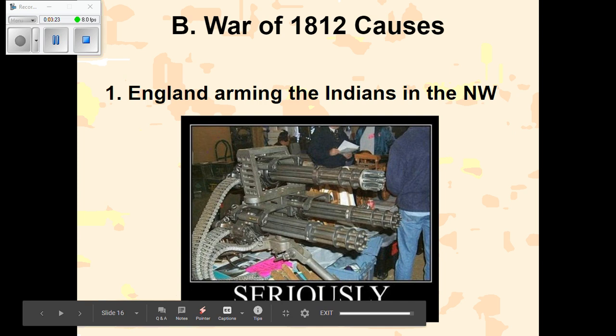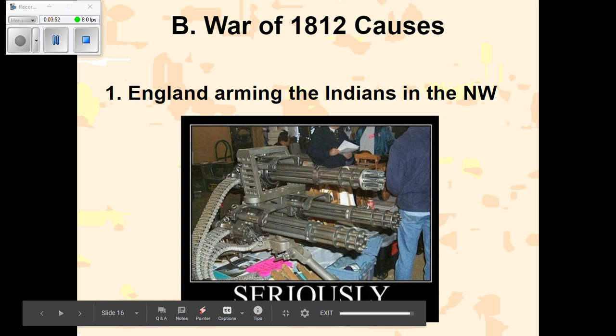England has these Native Americans who still hate the colonists, still hate the Americans. And if you can find someone to do your dirty work for you for relatively cheap, then I guess that's the route that you go. And in this case, what they did is they armed them, giving them weapons to fight against a common enemy. It's the old saying, and I've said this in class before, the enemy of my enemy is my friend.